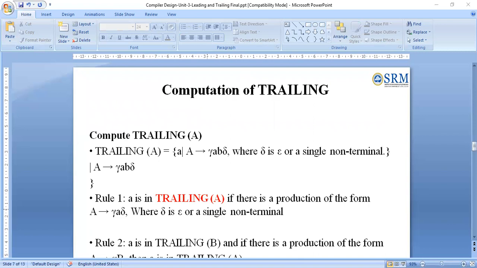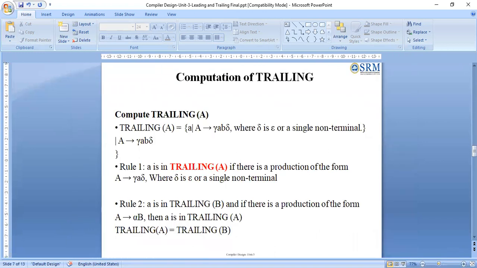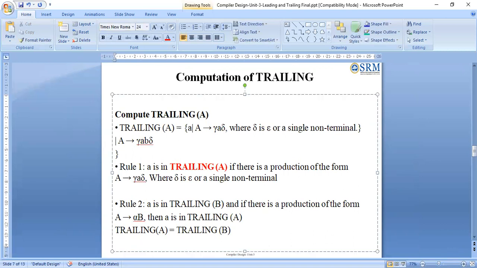The next is trailing of A. How to compute trailing of A? For convenience, I'll be coming out from the Zoom mode. I hope this screen will be visible for all. So A tends to gamma A delta, where delta is an epsilon or a single non-terminal variable. What is the trailing?